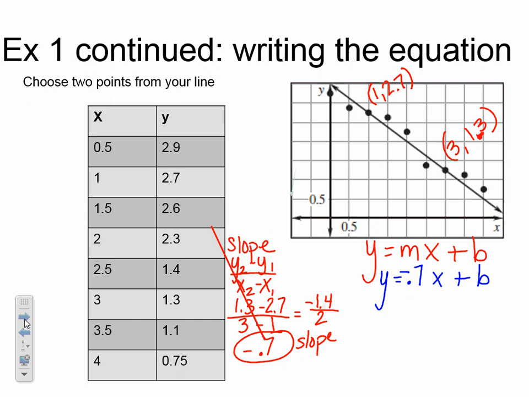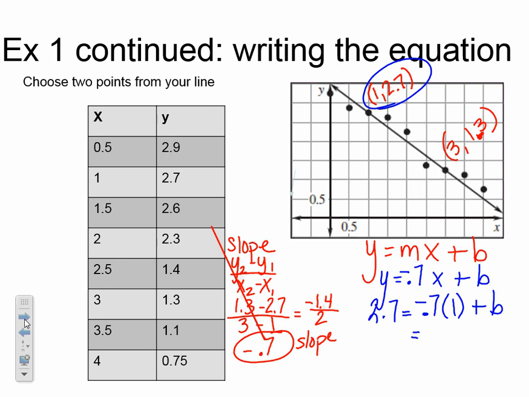So whichever one of those 2 points that we have written next to our graph that go through our line, we're going to take our favorite. My favorite right now is 1, 2.7. So I'm going to stick that in here. The 1 is the x value, so negative 0.7 times 1 plus b. And the y is the 2.7. So I'll plug that in, and now I'm going to solve.